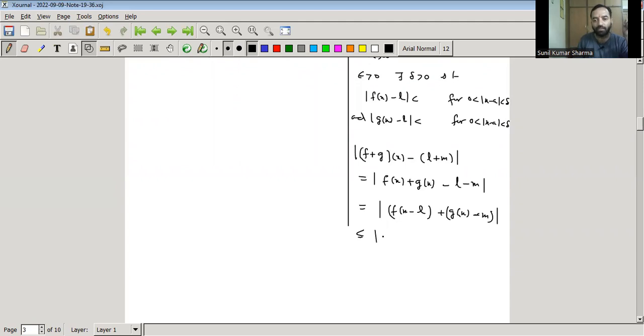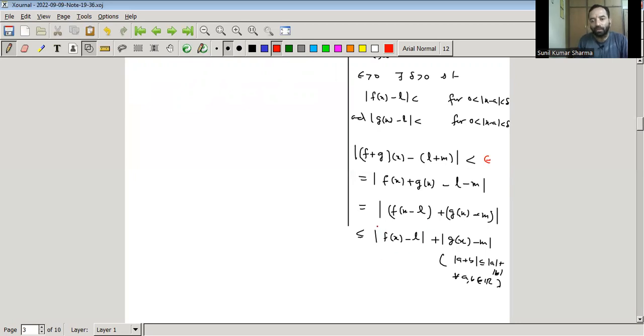So we can write this as less than or equal to mod f(x) minus L plus mod g(x) minus M, because mod a plus b is less than or equal to mod a plus mod b for any a, b belonging to R. So now our goal is to prove that this is less than epsilon.